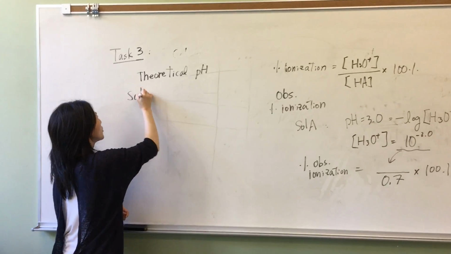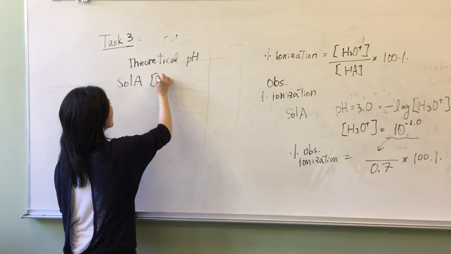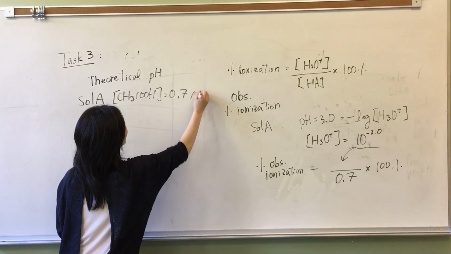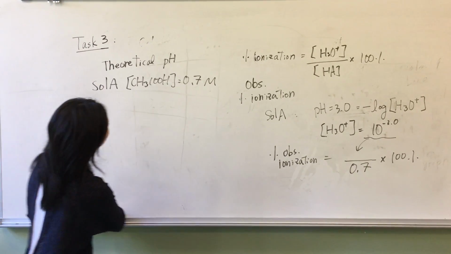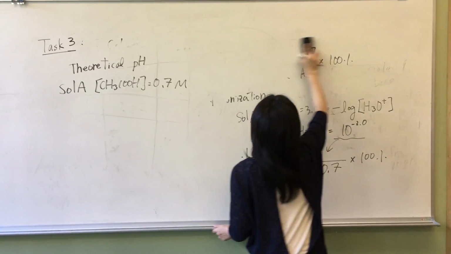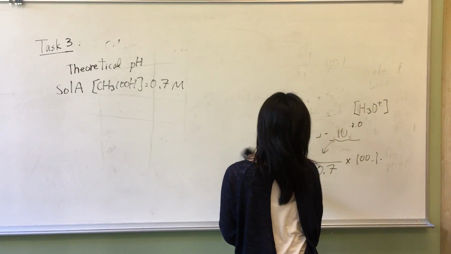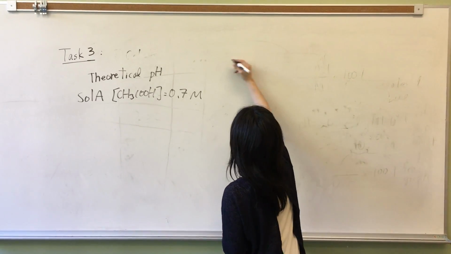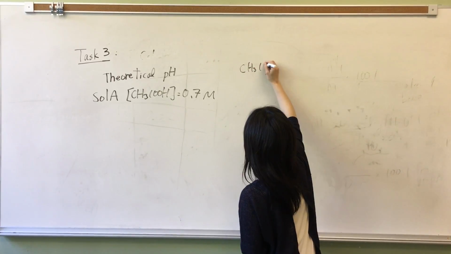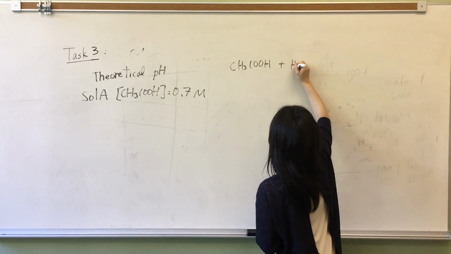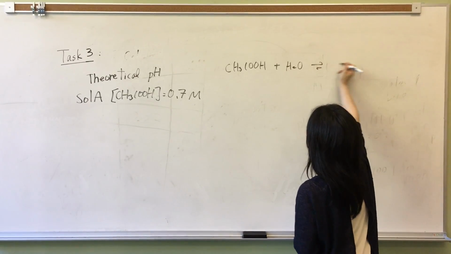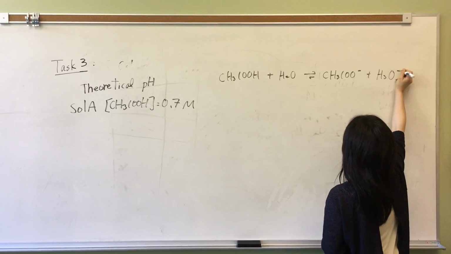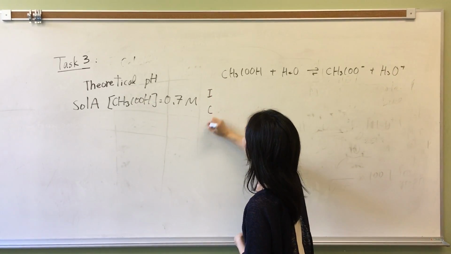So I will use solution A. Again, acetic acid is 0.7 molar. Since acetic acid is a weak acid, it will dissociate. Okay? So you have to use the dissociation to calculate the theoretical pH, which is the acetic acid with water that becomes the conjugate base and H3O plus.